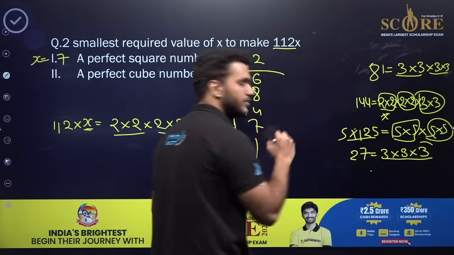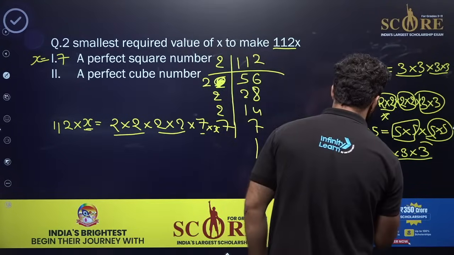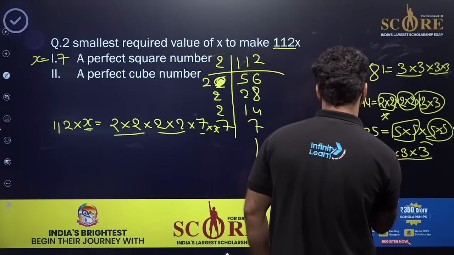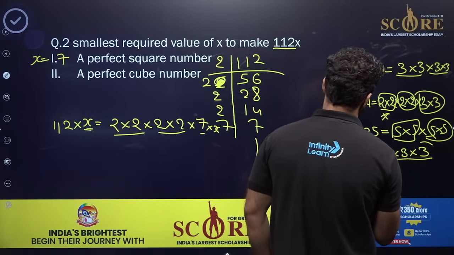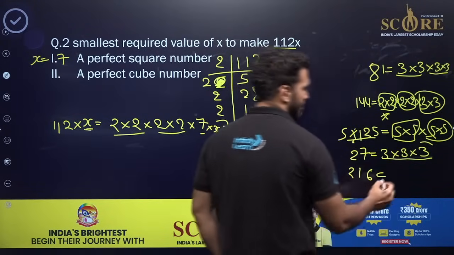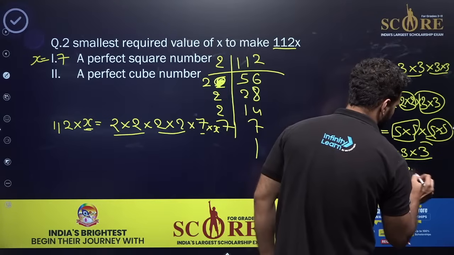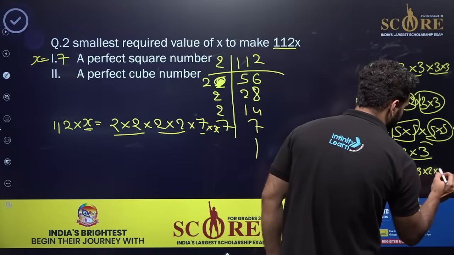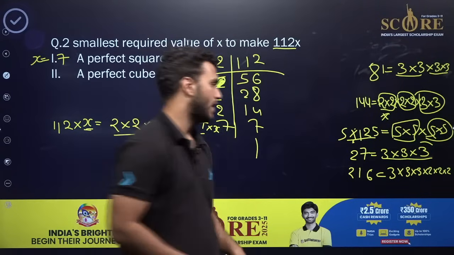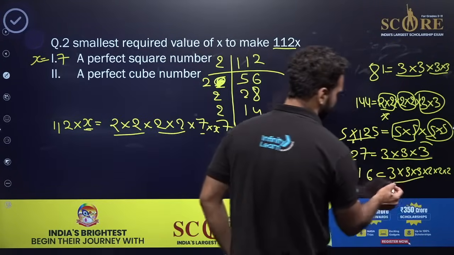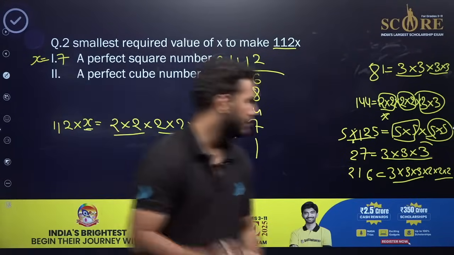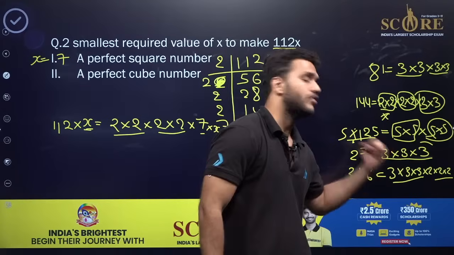And let's say 216, this number can be written as 3 multiplied by 3 multiplied by 3 multiplied by 2 multiplied by 2 multiplied by 2. This 216 is a perfect cube number. Why? Because of its prime factorization: every prime factor is coming out in a group of 3s.